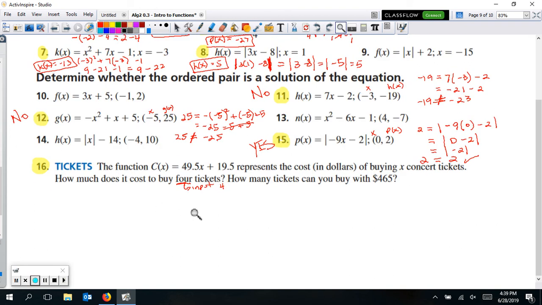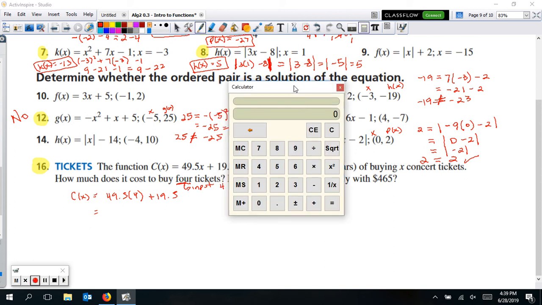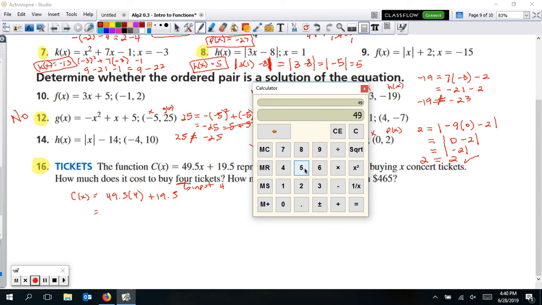So if I do that, we're going to say c of x is equal to 49.5 times 4, put that in parentheses, plus 19.5. And so we can do this on a calculator. The numbers are a little bit bigger. I'll grab my calculator here. So 49.5 times 4 is going to give us 198.